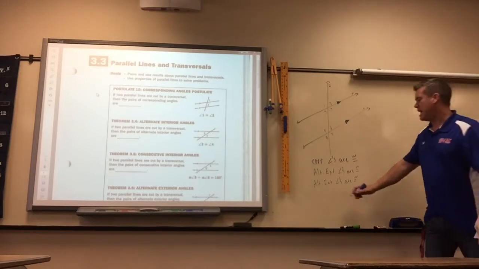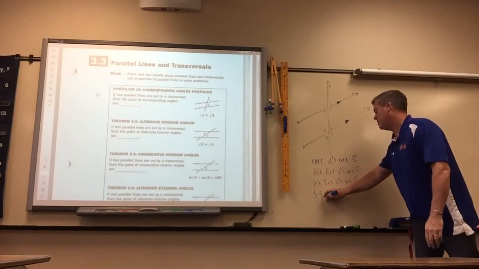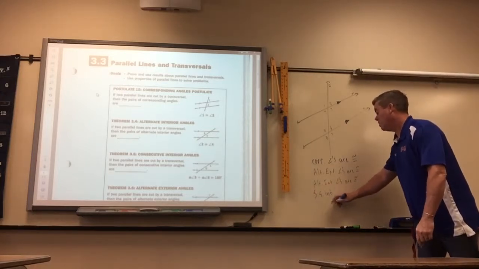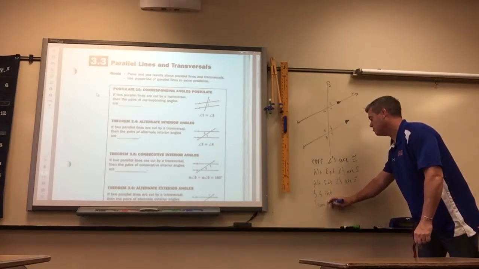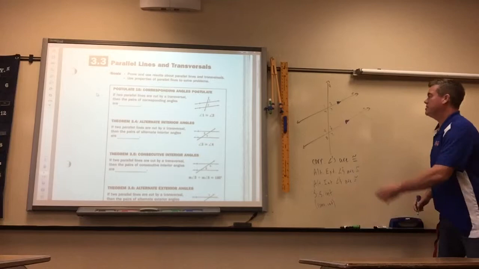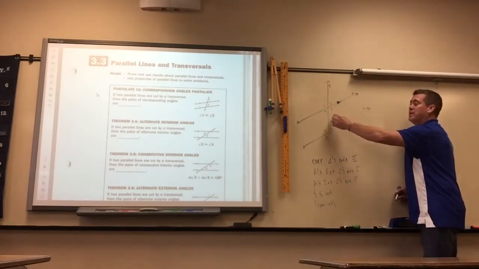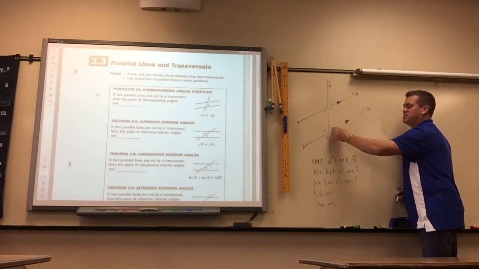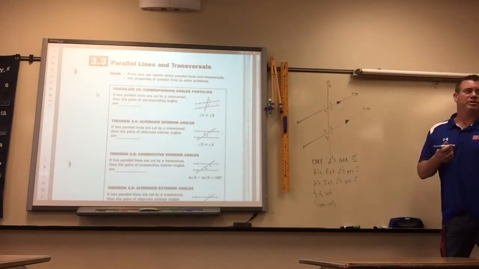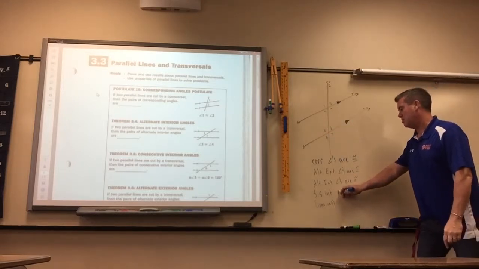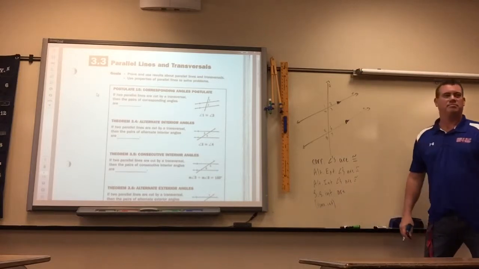So the one that's not is the same side interior. Remember, that's called consecutive interior sometimes. Same side interior, you can look and see. 3 is over 90, 6 is less than 90. They're not equal to each other, but they are on the same side.